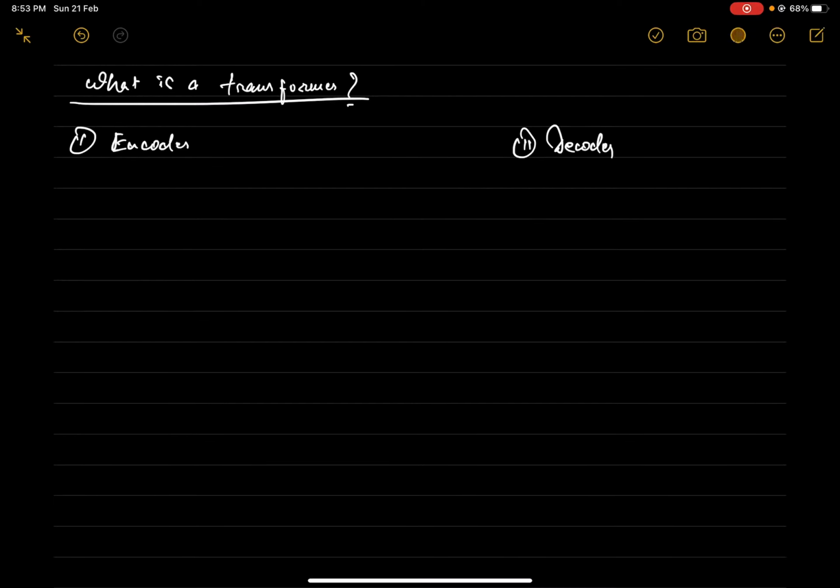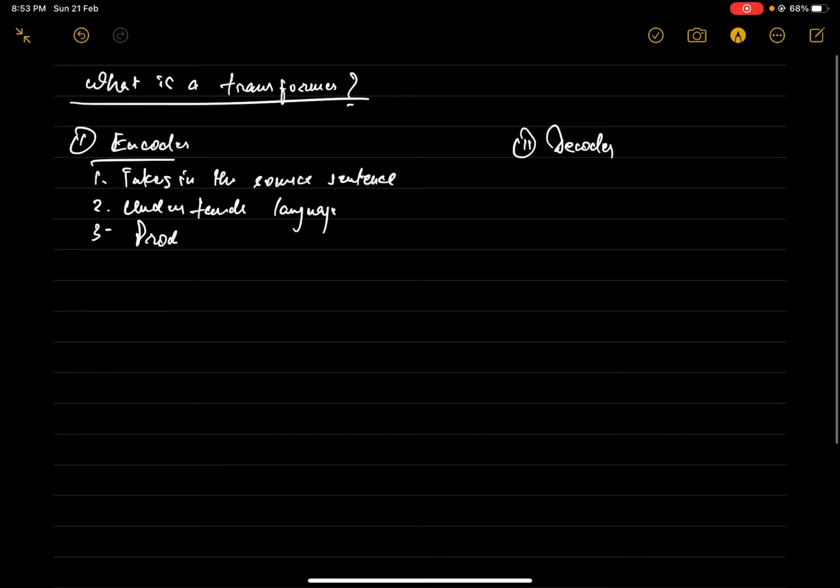Essentially, what an encoder does is it takes in the source sentence, that is the sentence in the first language, understands it, that is, it understands the correlation between each of the words and which word comes after which, and basically it tries to understand the language. Okay, and produces embeddings.